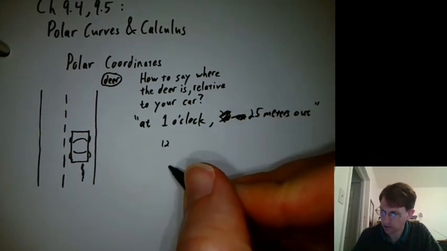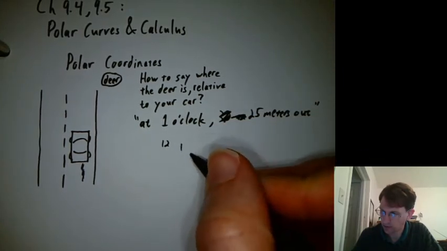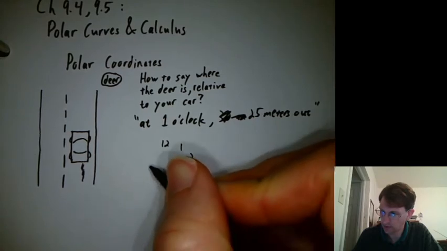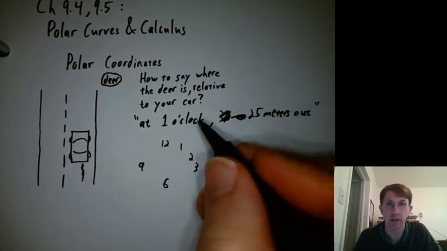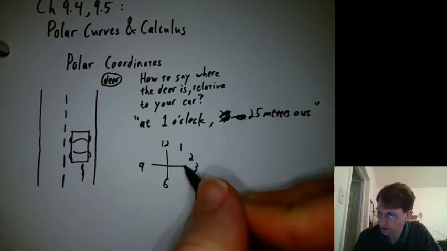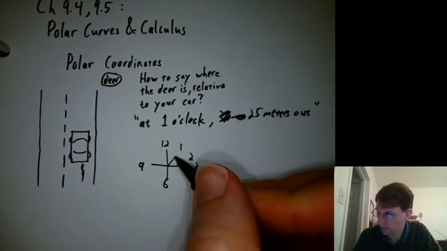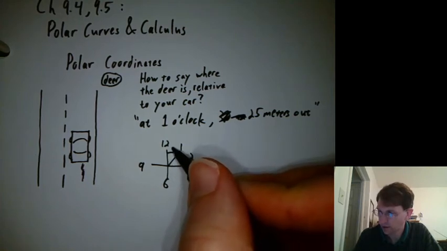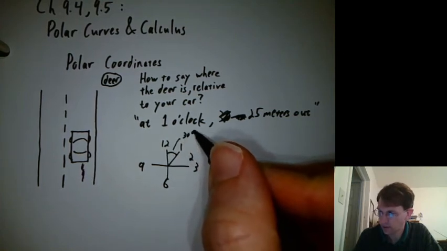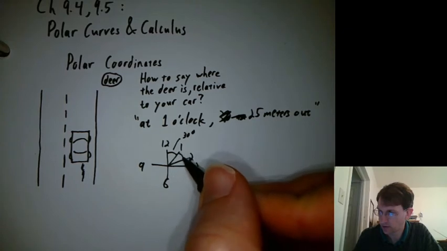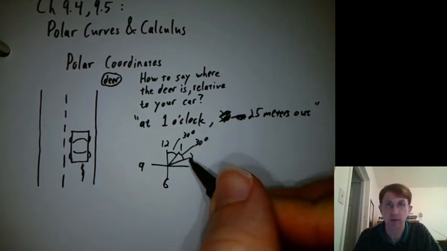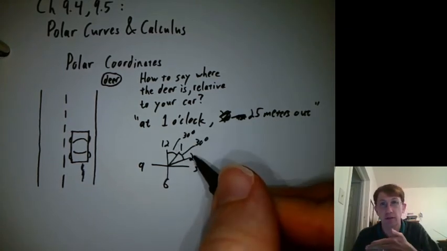Let's talk about this 1 o'clock system. If we're looking at a clock face, we've got 12, 1, 2, 3, we've got 6 down here, we've got 9 over here, right? And how much of an angle is this from 12 o'clock to 1 o'clock? That's 30 degrees. And then another 30 degrees to 2 o'clock, or you could say 2 o'clock is 60 degrees from noon.